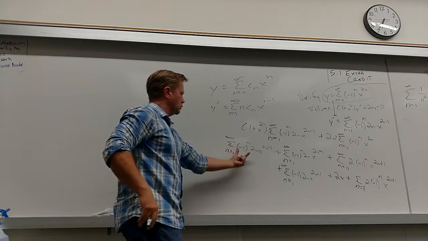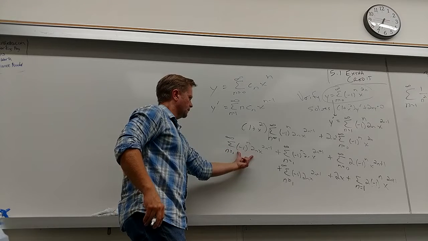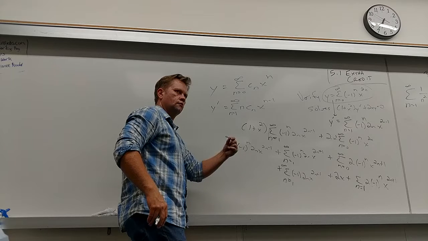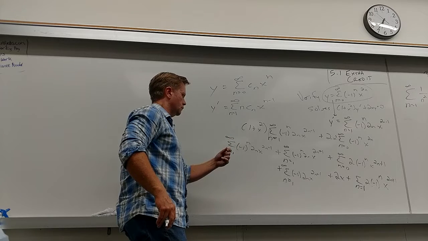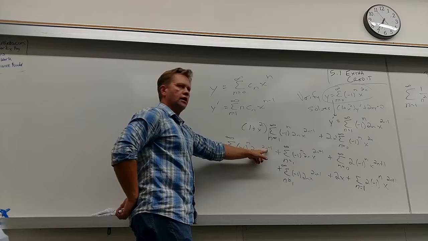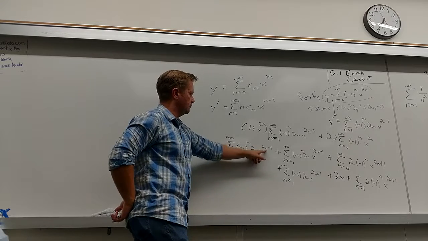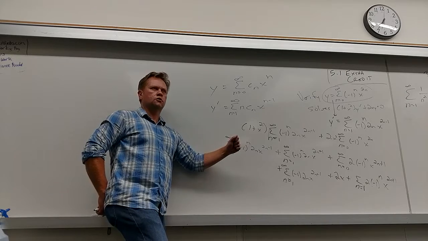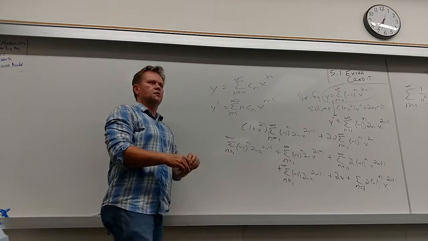Now, what was the trouble with this guy? X to the 1 minus 1. Yeah, his x piece is not like terms with everybody else, right? So what could I do there?